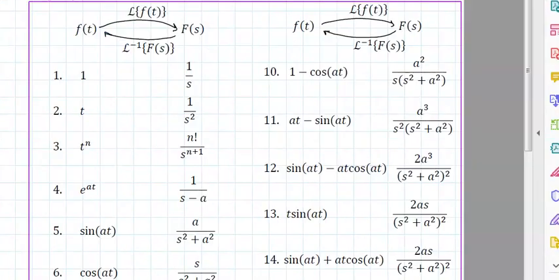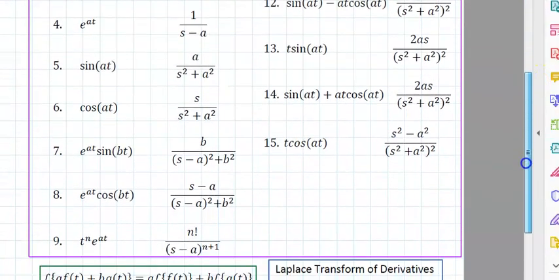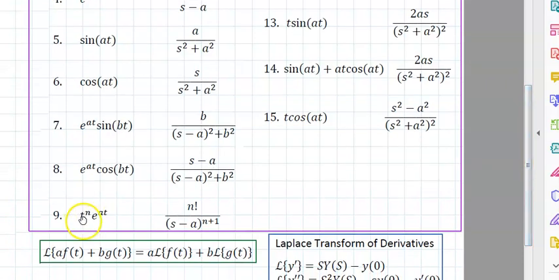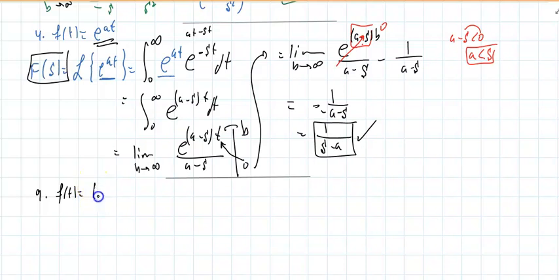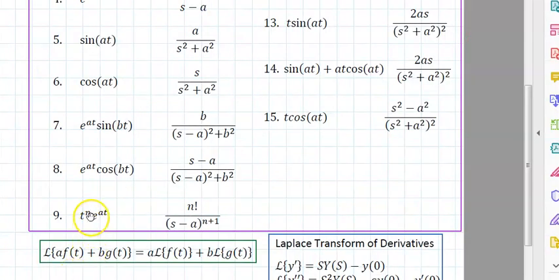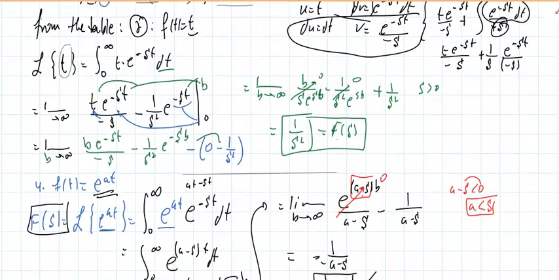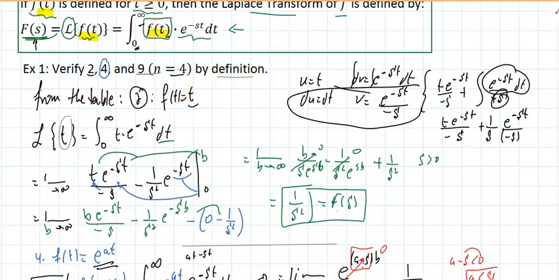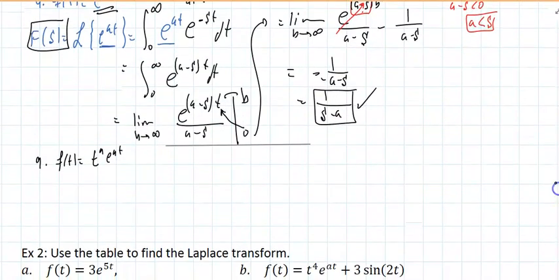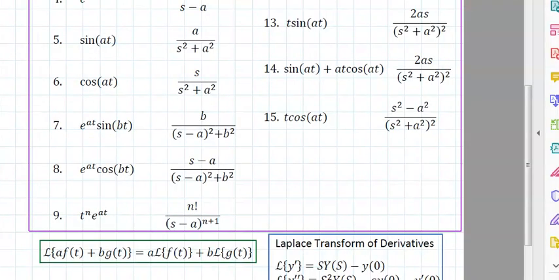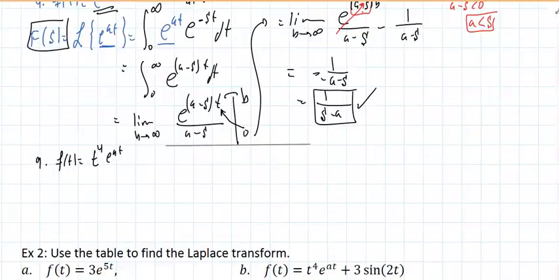Where's 9? 9 is right there. t to the n e to the at. But notice they said n equal 4 specifically. If n equal 4, that means 4 right there. Now keep in mind, they give us the answer right there. We'll talk about that in a minute.